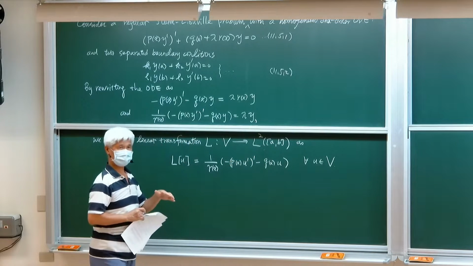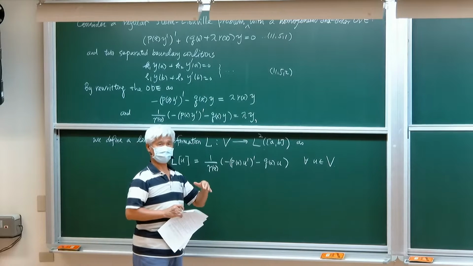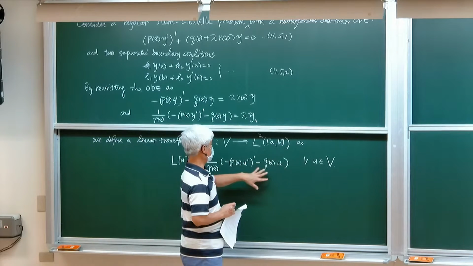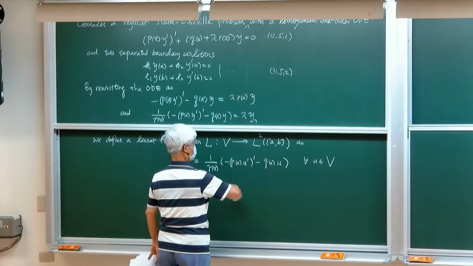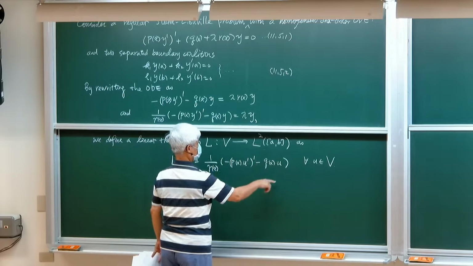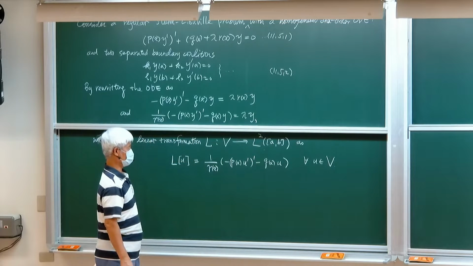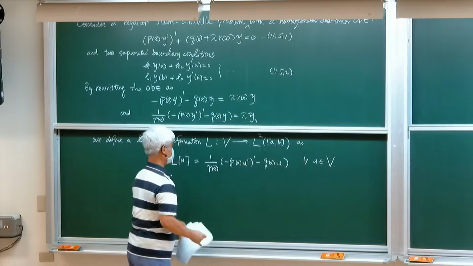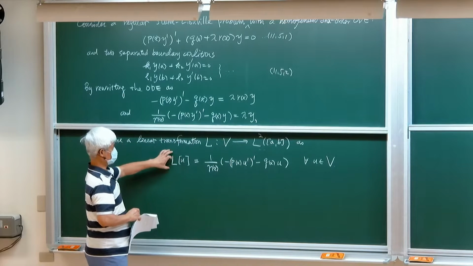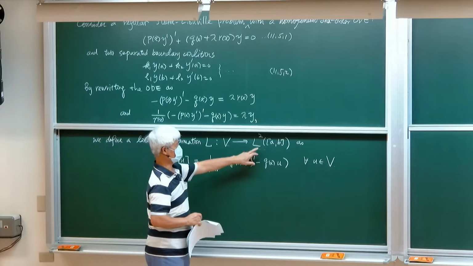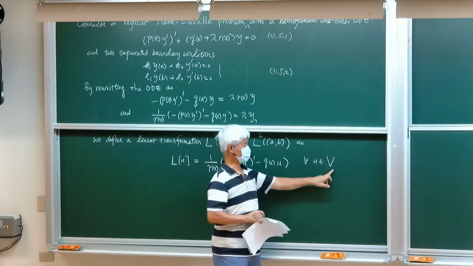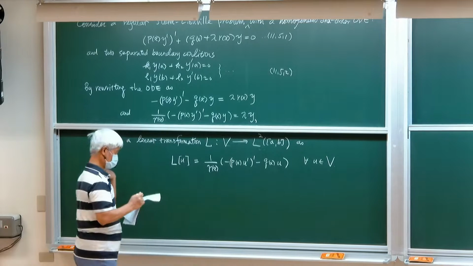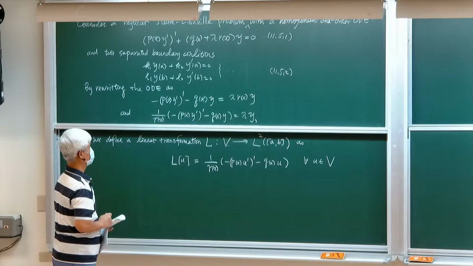And we also assume u'' is in L2, so that this whole function is also in L2 space. That's why after this linear transformation, this function is in L2, because u is in V.